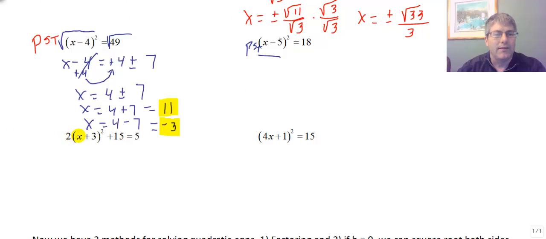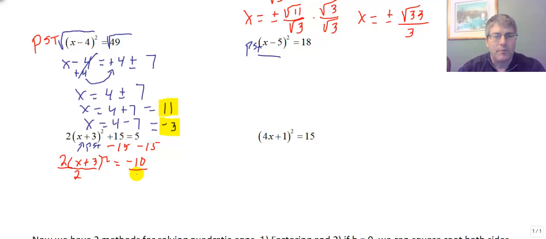Now, the next sample problem: 2 times the quantity x plus 3 squared, plus 15, equals 5. Again, we want to clear everything away from x. You may notice we have the perfect square trinomial here, but let's go ahead and clear things away from that. So I'm going to subtract 15 from both sides. So I get 2 times the quantity x plus 3 squared equals negative 10.